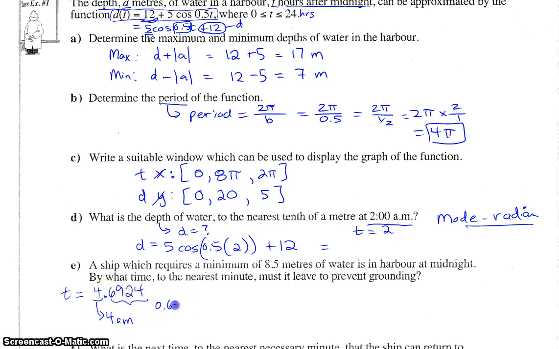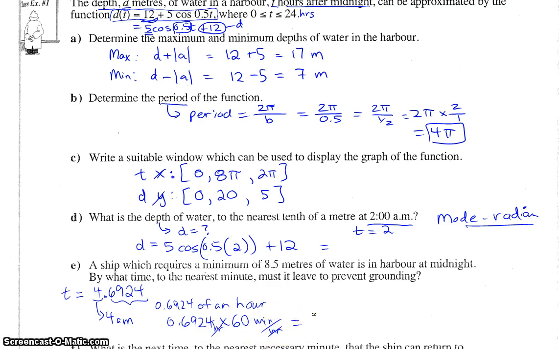So it's like 0.6924 of an hour. So what we're going to do is we're going to multiply that number by 60 to get it into minutes. So 60 minutes per hour gets rid of the hours. Okay, and then we'll know how many minutes.